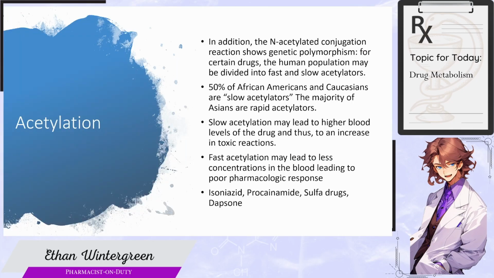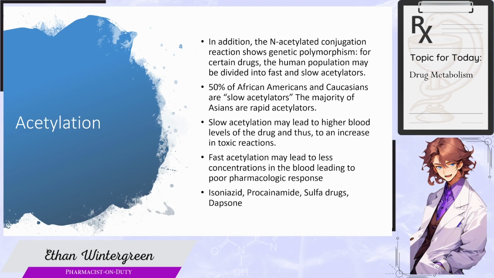In addition, the N-acetylation conjugation reactions show genetic polymorphism, meaning it's not the same for everybody. Some parts of the human population may not acetylate as well as other parts. Take for example, African Americans and Caucasians are slow acetylators, meaning they acetylate slowly when compared to Asians.